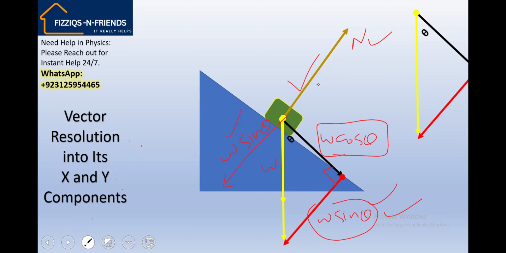Remember that normal force has no X or Y component. It is always perpendicular to the surface of the body, and it is always cancelled with one of the components of weight. Now here, W sine theta is cancelling the normal force, and W cos theta is responsible for bringing the body down. I hope you understand that.